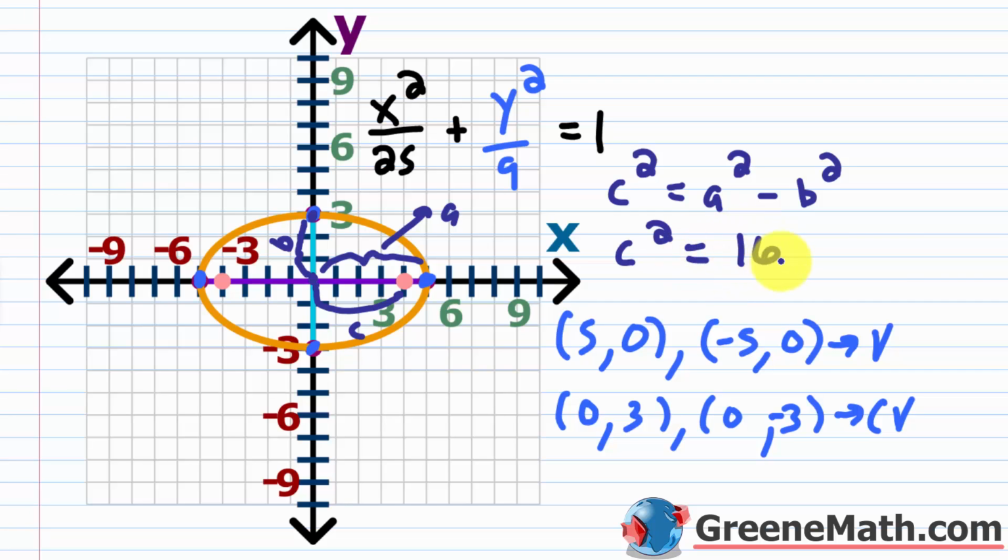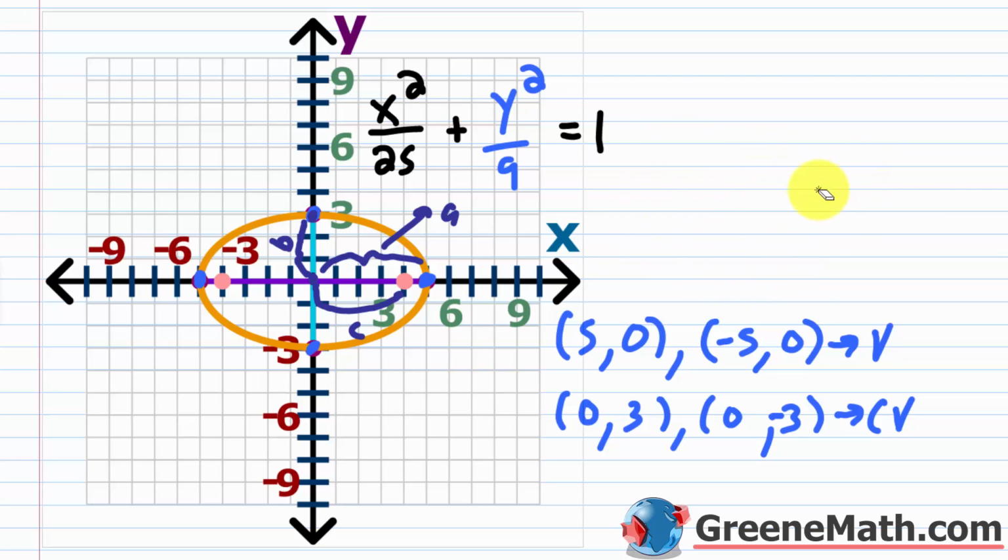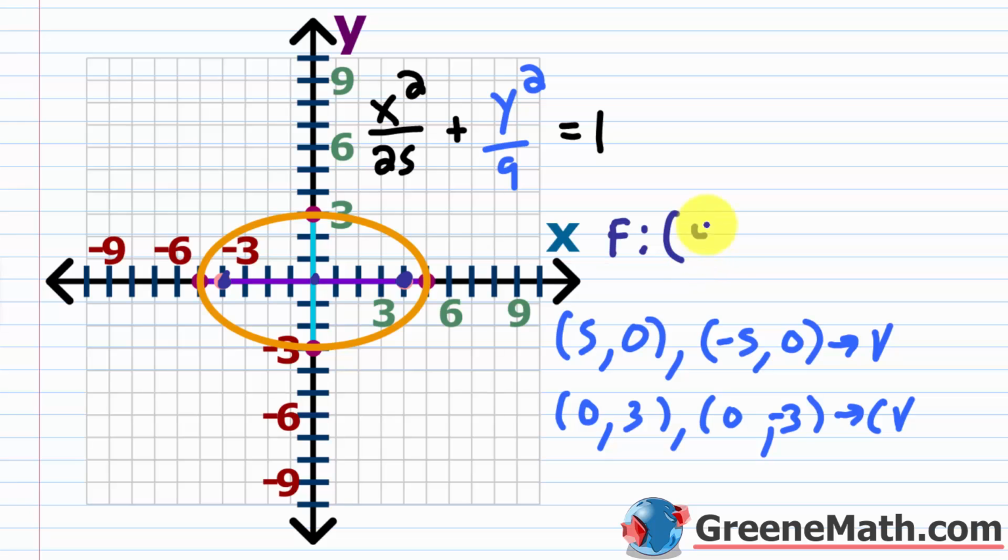If I take the principal square root, because I'm thinking about a distance, it's 4. Let me erase this because everything's getting jammed up. The focus would occur 4 units to the right of the center and 4 units to the left. So your foci, because you have 2, would be (4, 0) and (-4, 0). That's where those 2 points came from.